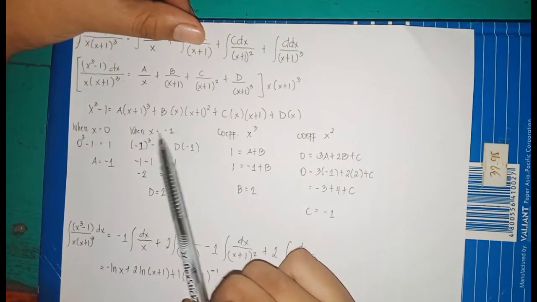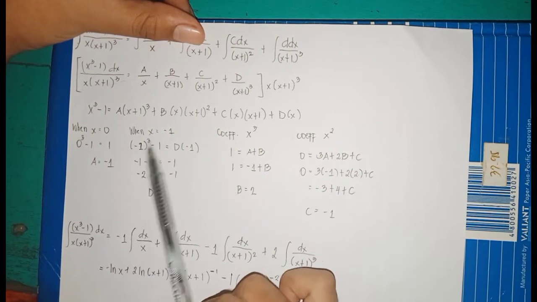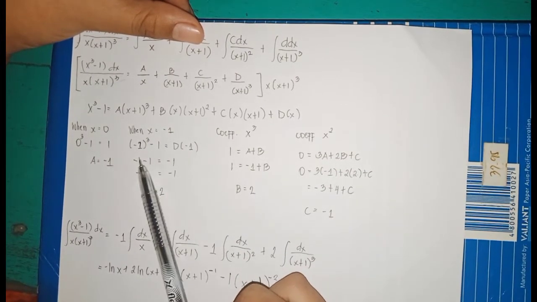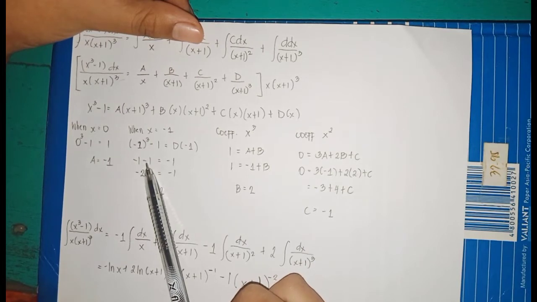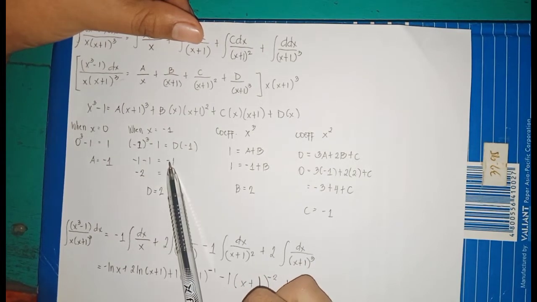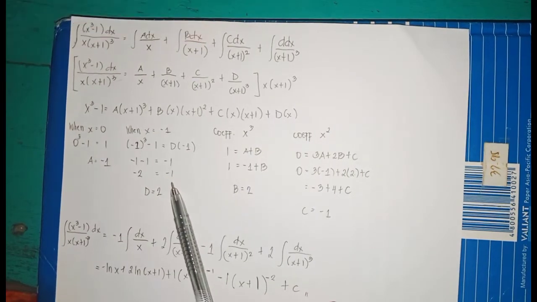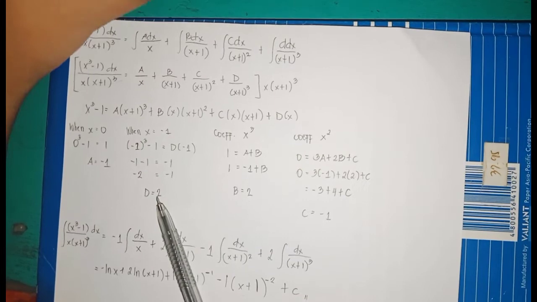When x is equal to negative 1, we have negative 1 cubed minus 1 is equal to D times negative 1. So negative 2 divided by negative 1 will be positive 2. So the value of our D will be positive 2.